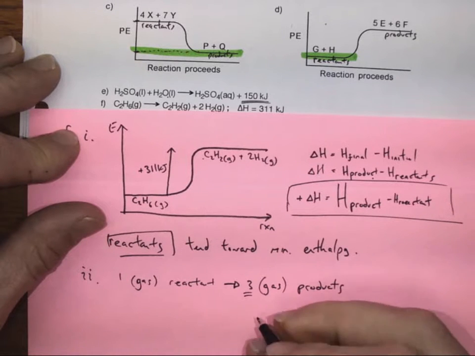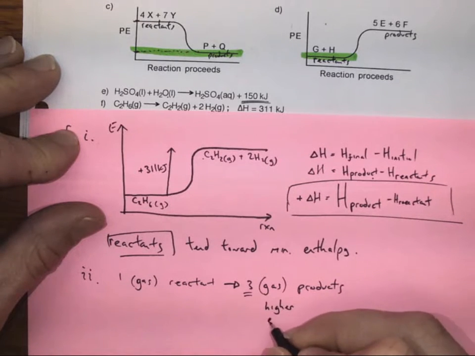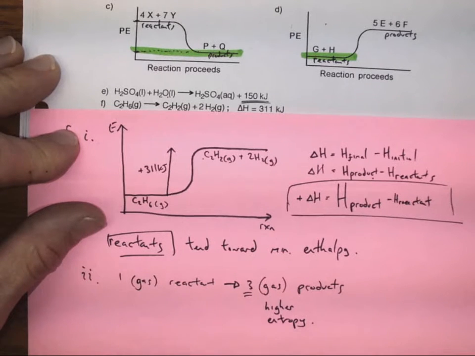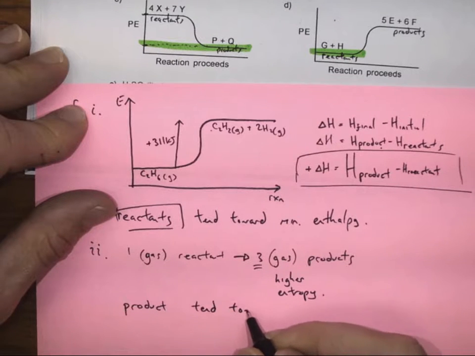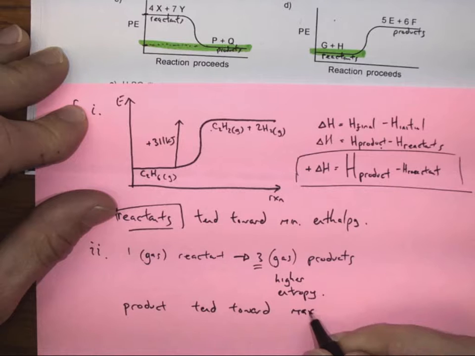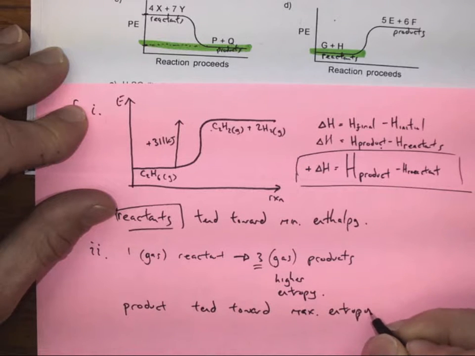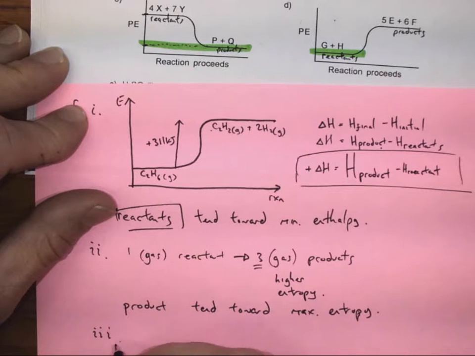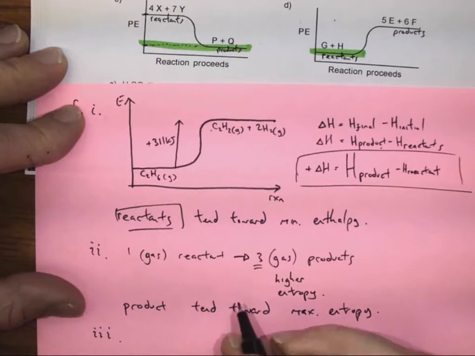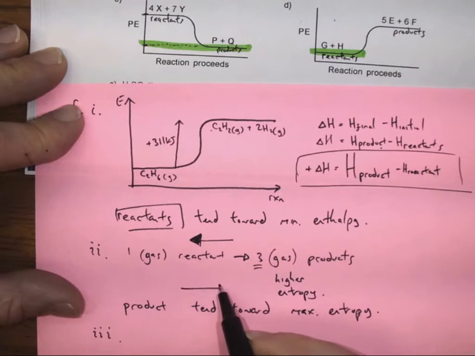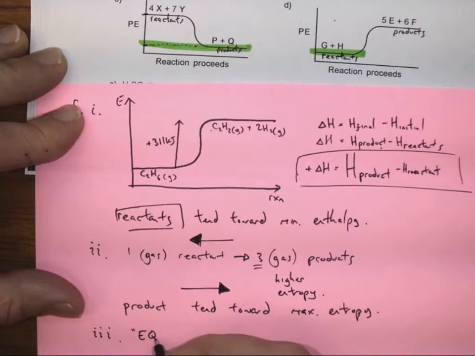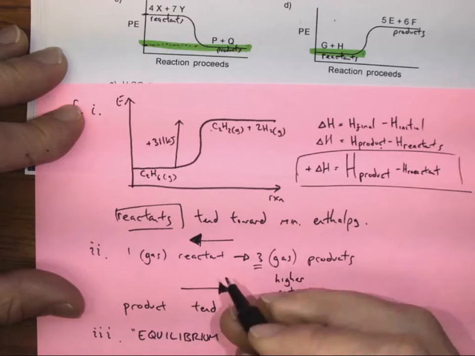So this has a higher entropy over here, and we would say that the products tend toward a maximum entropy. And so question 3: since our enthalpy argument pushes the reaction to the left and the entropy argument pushes the reaction to the right, the result is a system that lives in equilibrium. Two different forces opposing.